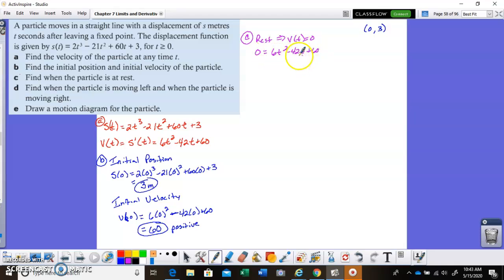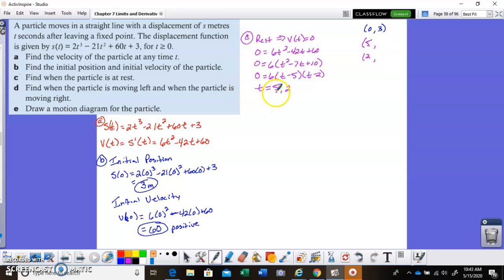I'm going to have to factor it, but I see a common factor first of 6, so I'm going to factor that out, and I've got t squared minus 7t plus 10. Oh, that's so much easier. What multiplies to positive 10 and adds up to negative 7 is negative 5, so t minus 5, and negative 2, so t minus 2. So what that tells me is that it's at rest at time equals 5 and time equals 2. These are 2 points I'm going to end up putting up here, 5 and 2. That's when this thing will be turning around or changing directions or just at rest.